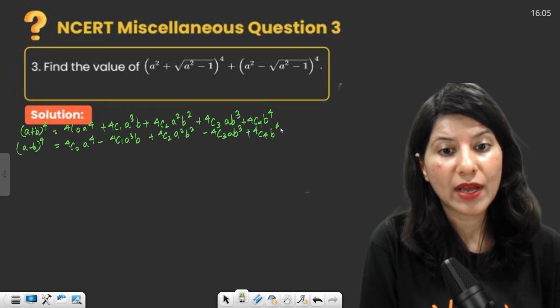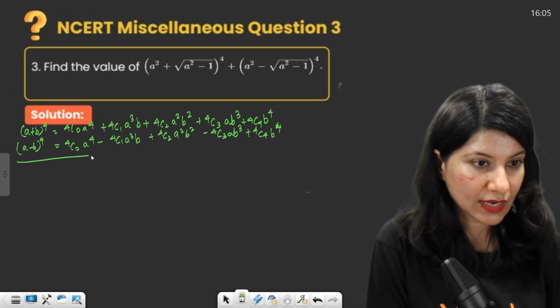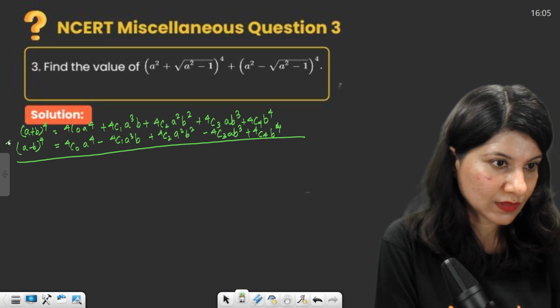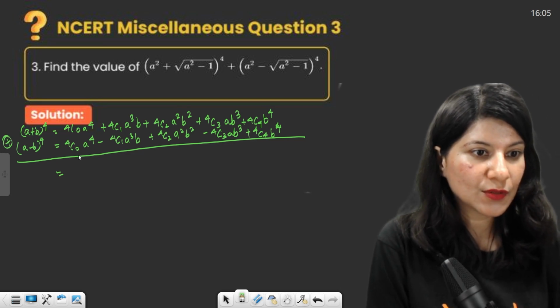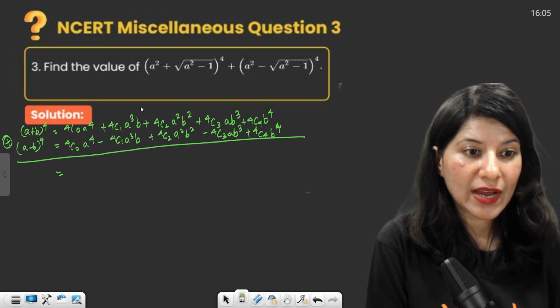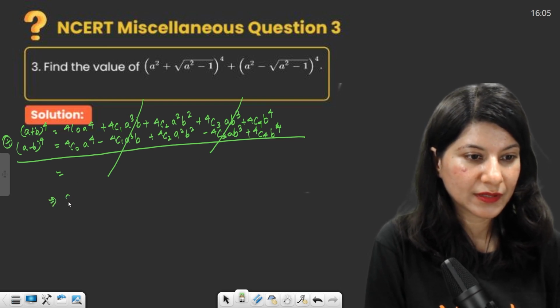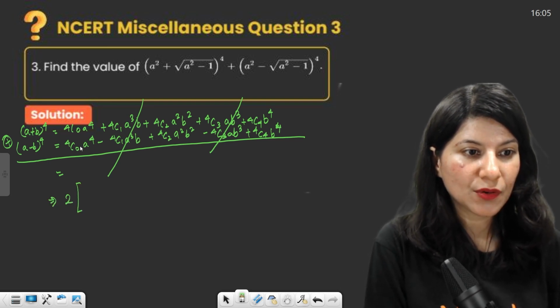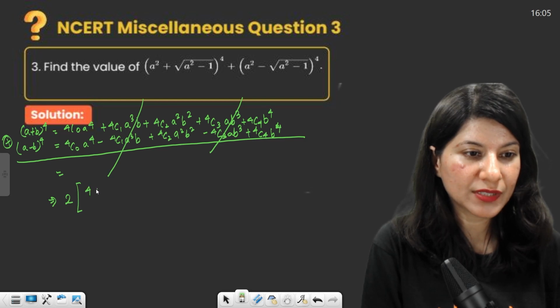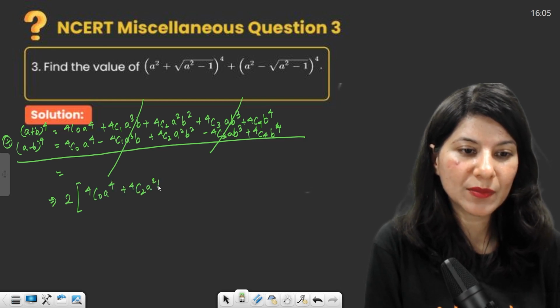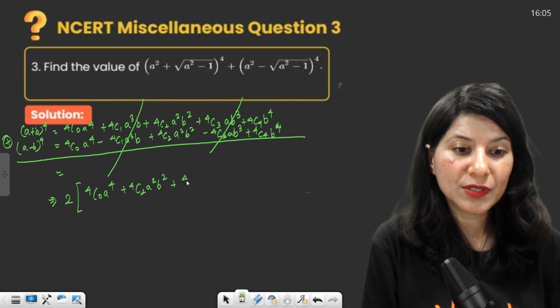And then you have to add. So this is going to become, if you add, this is cancel, this is cancel. Twice of 4c0 a power 4 plus 4c2 a squared b squared plus 4c4 b raised to power 4.